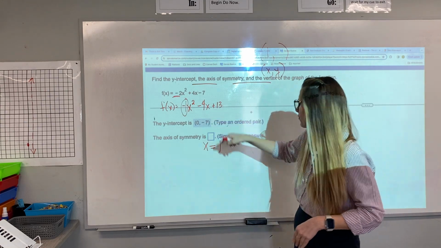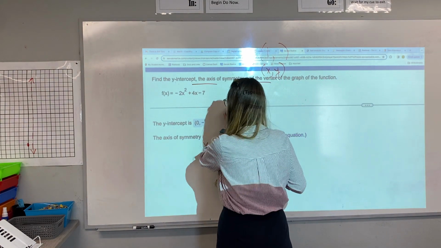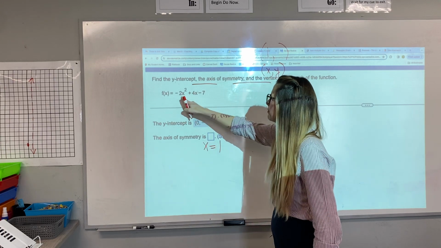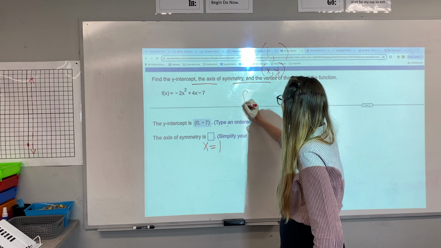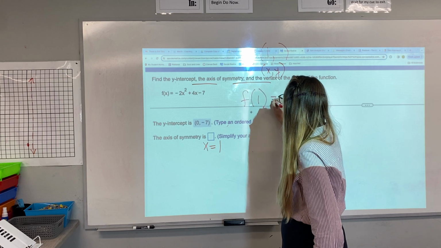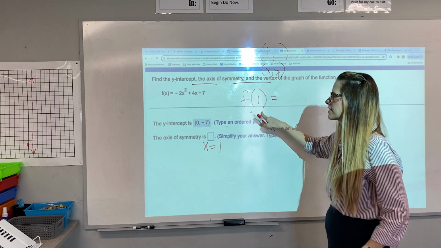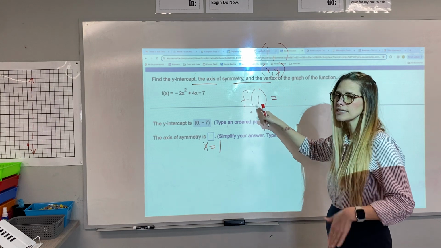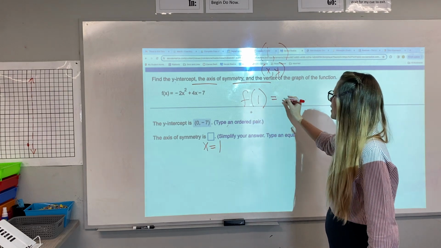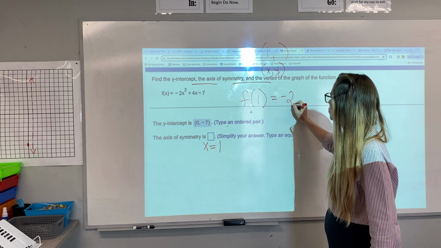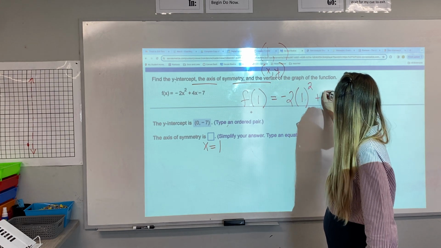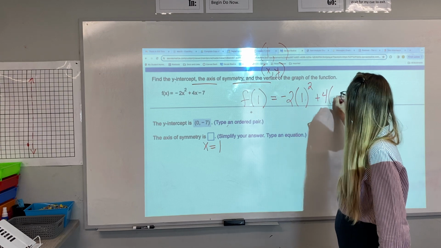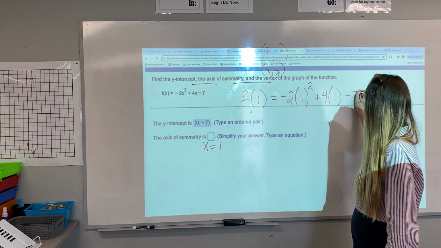So we're going to take our function, and every time there's an x, I'm going to sub in 1. So I am inputting 1. That's why instead of saying function of x, I'm saying the function of this input, 1, is going to be -2 times 1 squared, plus 4 times the input, which is 1, minus 7.